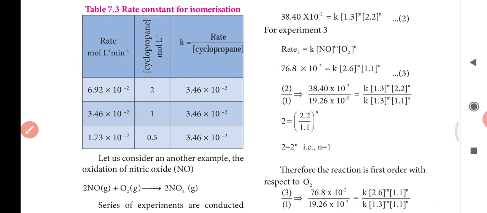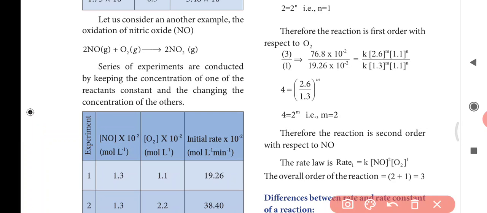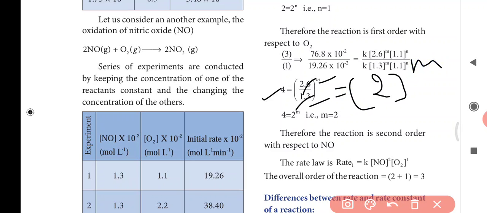Okay, let's see. 4 equal to k, the concentration of 2.6 to the power m and the concentration of 1.3 to the power m. If you put this value, 4 equal to 2.6 divided by 1.3, if you divide this you will get 2 power m, equal to 4.